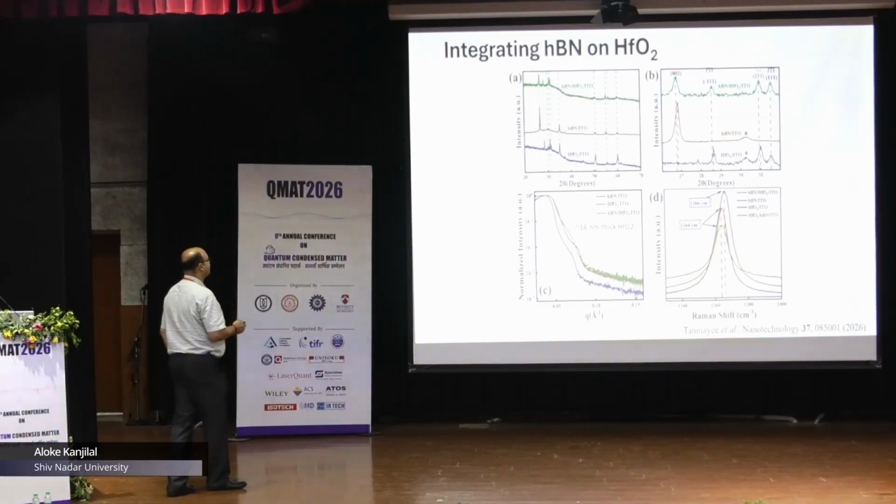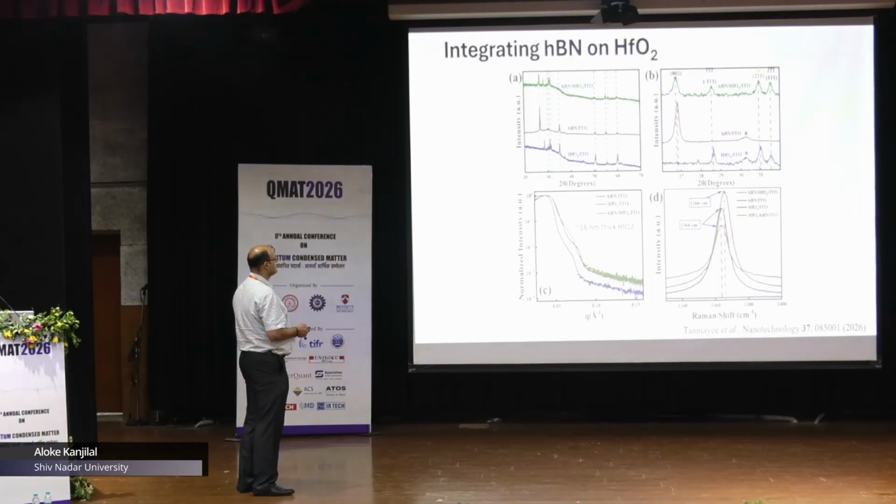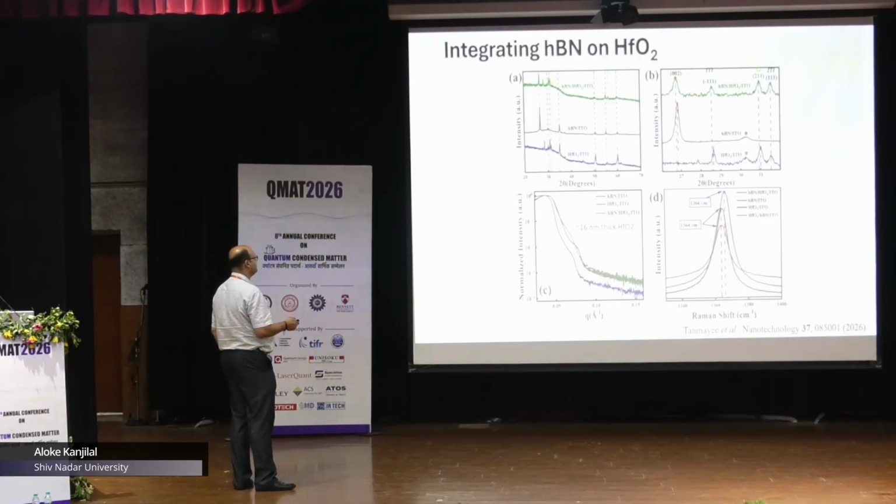Okay, so we magnified this part, and we have seen that both monoclinic and orthorhombic phases exist in the hafnium oxide layer, and some TiO2 layer crystallizes. Some peaks come from the substrate, and this one comes from the HBN.